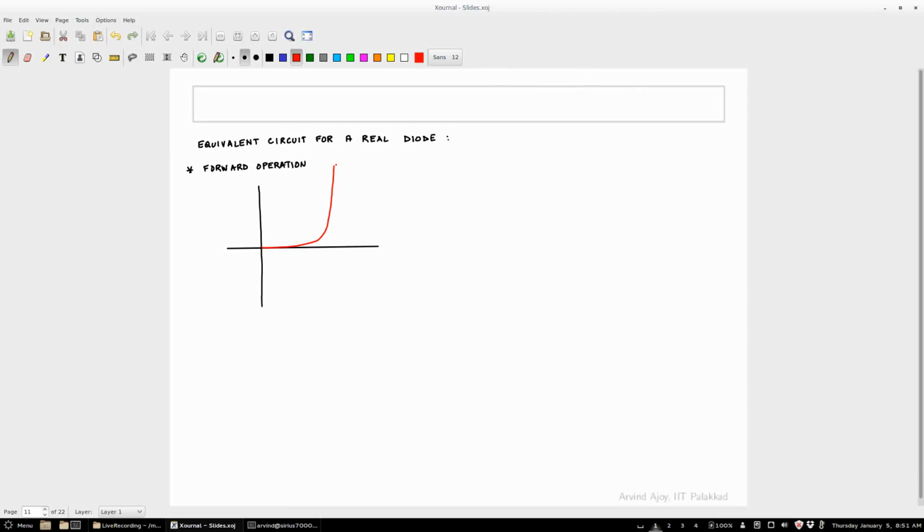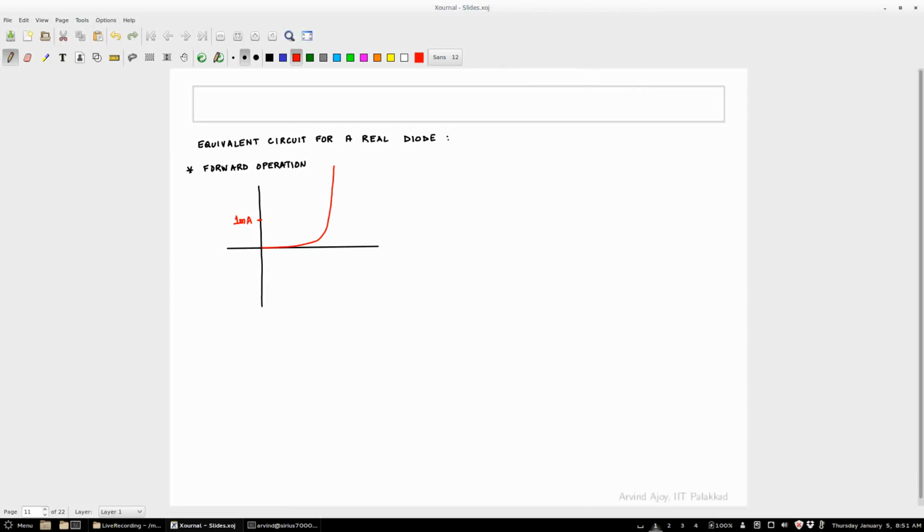So the simplest way of approximating this is to define an on current. I want to mentally have a picture of when this diode is on. So say I look at the voltage at which this device allows 1 milliamp to flow.